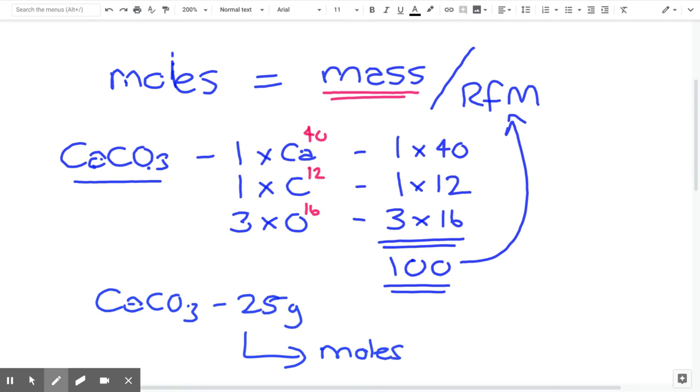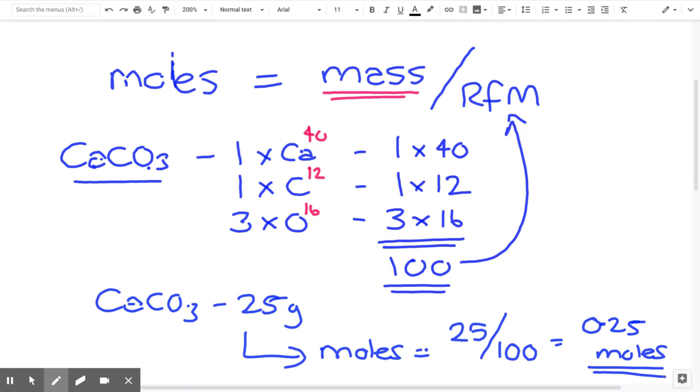Well, the moles is equal to the mass you are given within the situation divided by its relative formula mass for the compound you're looking at, and that will give you the number of moles, 0.25 moles of the substance.